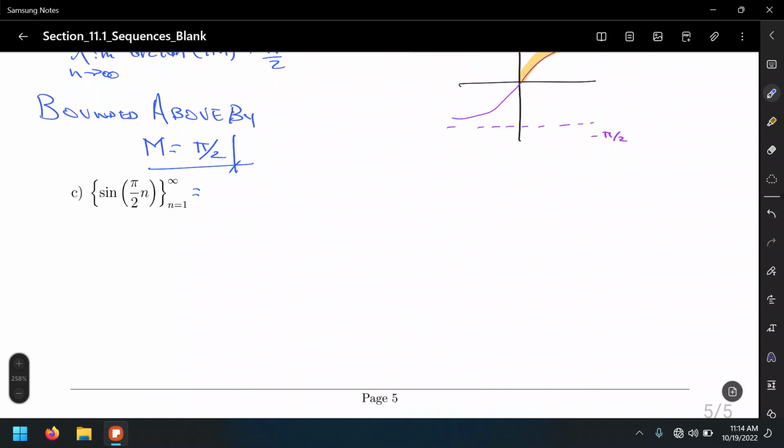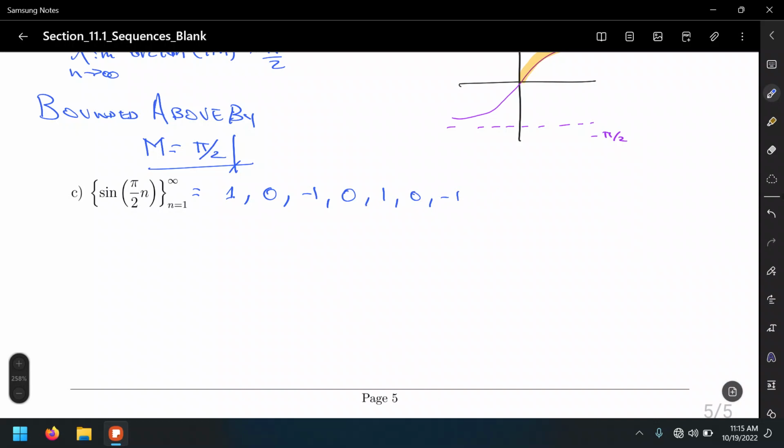But what's sine of pi over 2? 1. N equals 2, that's pi over 2 times 2, which reduces to pi. What's sine of pi? 0. And then 3 pi over 2. And then 0, 1, 0, negative 1. That's the pattern given by this sequence.